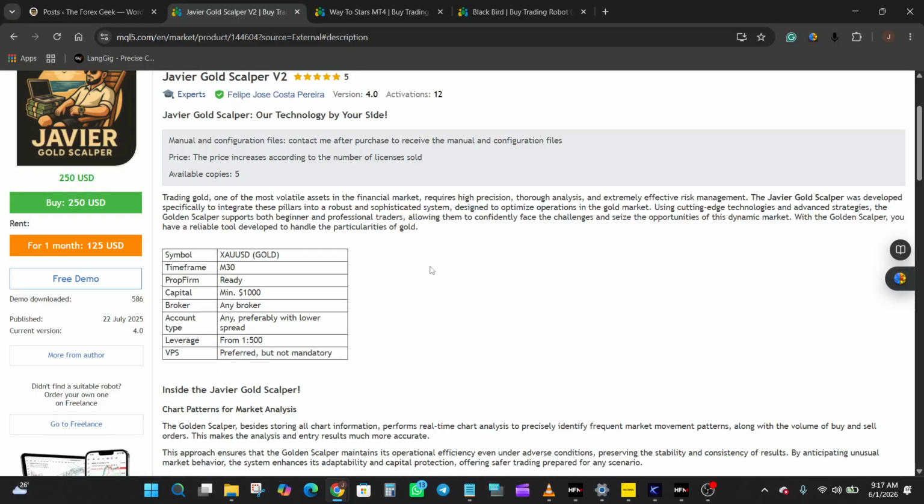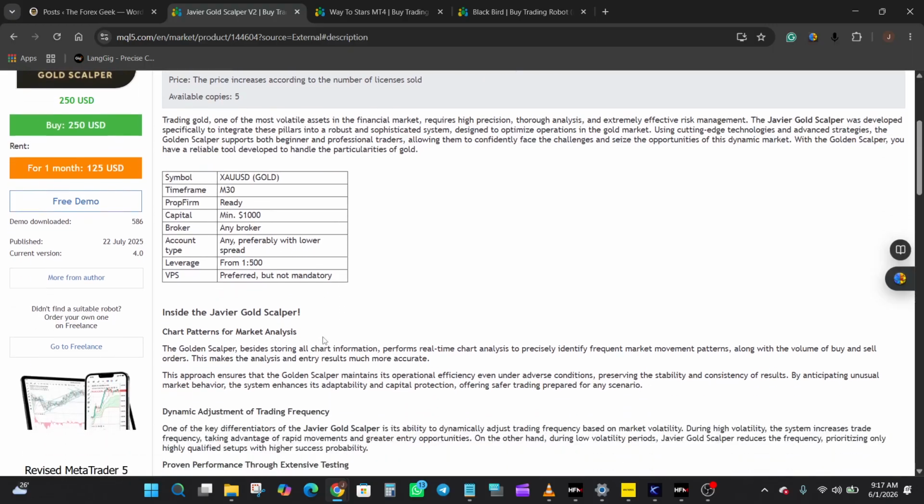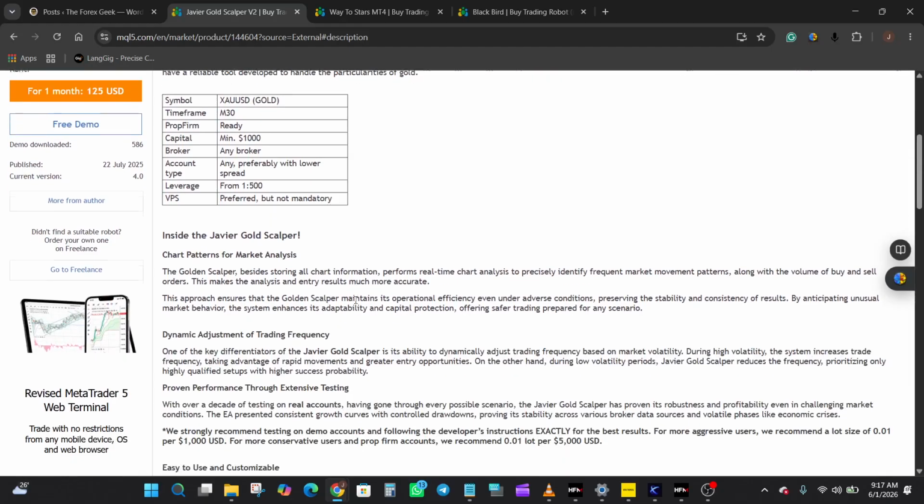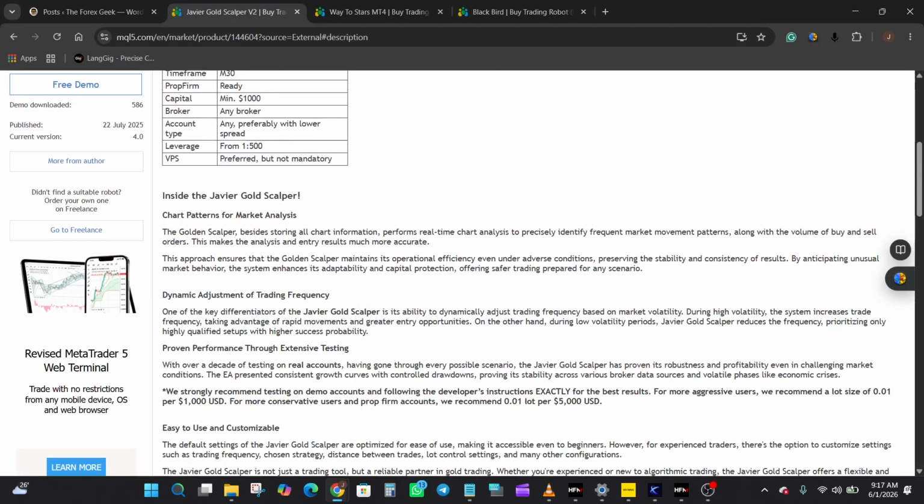Recommended leverage starts from 1 to 500, while a VPS is described as preferred but not mandatory. As I continue through the description, the developer explains that the EA was designed specifically for trading gold, with an emphasis on precision, market analysis, and risk management.